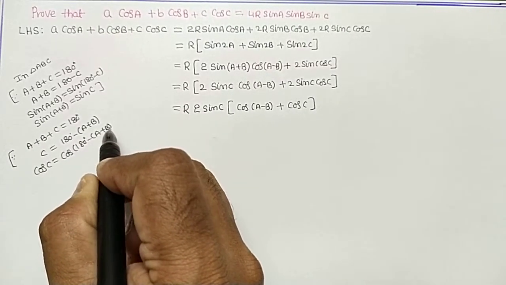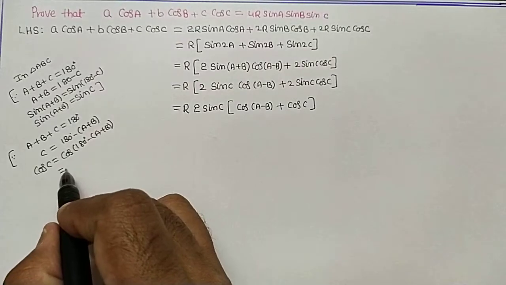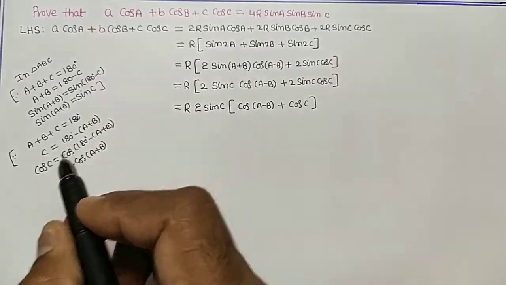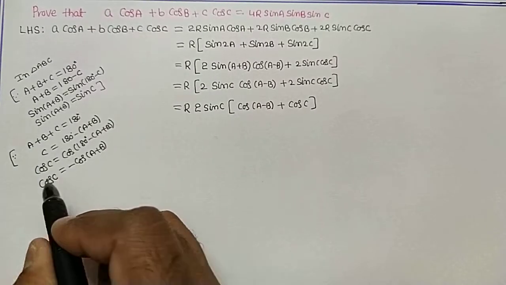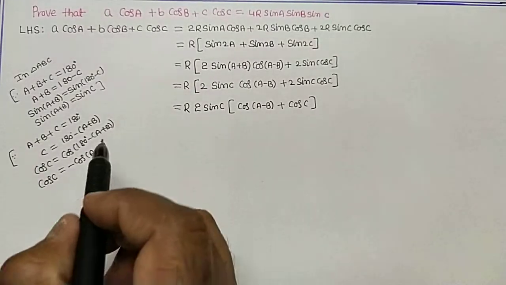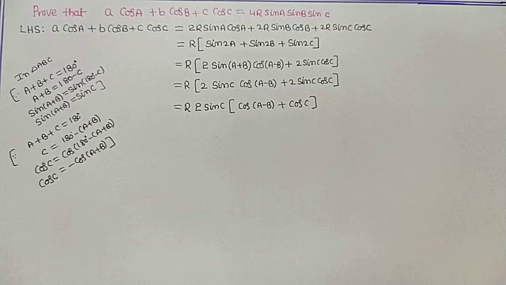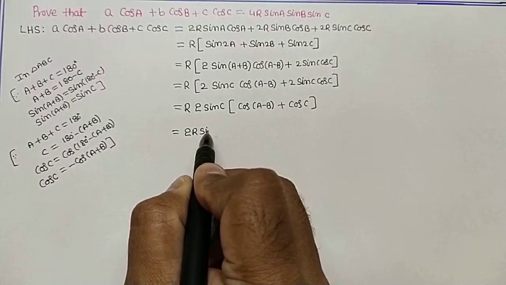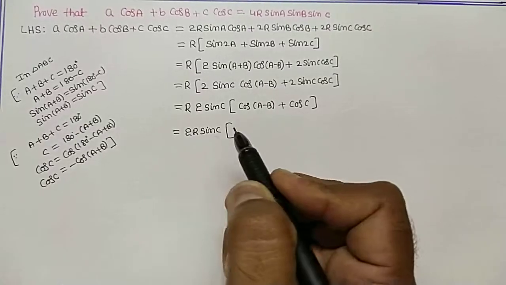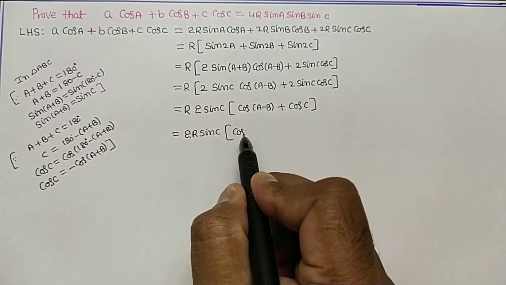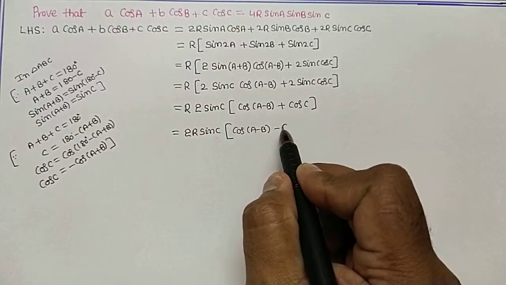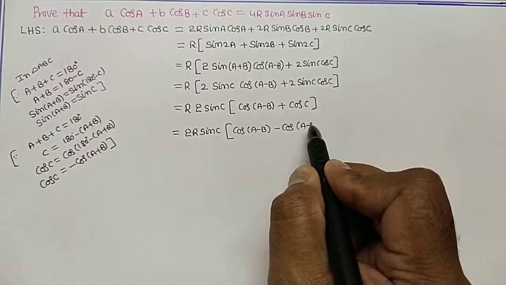We know that cos of 180 minus theta is minus cos theta. So cos C is equal to minus cos of A plus B. So in place of cos C, we have to write minus of cos of (A plus B), which is equal to 2R sin C into cos of A minus B, in place of cos C, minus of cos of A plus B.